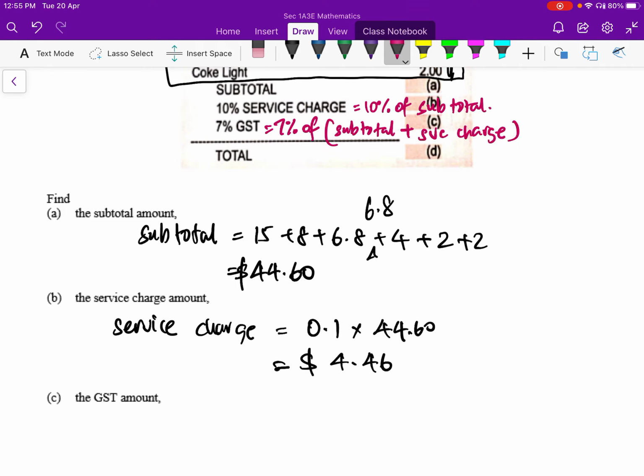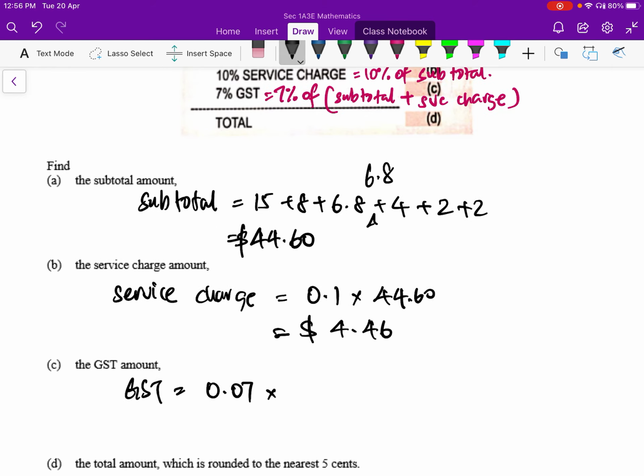So you need to add your subtotal plus service charge, then they tax you the 7%. So GST is 0.07, that is 7%. I don't like to write a percent symbol, I rather convert it to a decimal or a fraction. Multiplied by the subtotal, which is 44.6 plus service charge of 4.46.